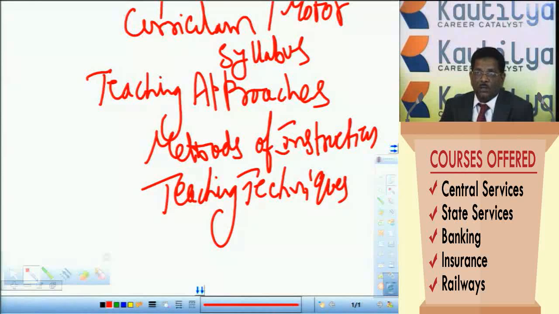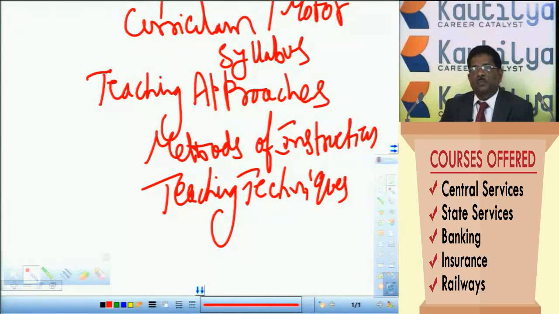So in this area particularly, whether it is a teaching approach or a method of instruction or teaching technique, for example, if we consider a few concepts, let us see the physical science. A teacher in the classroom, while applying the aptitude in the process of teaching and learning, suppose the teacher wants to explain the concept of, say, the difference between static electricity and current electricity.